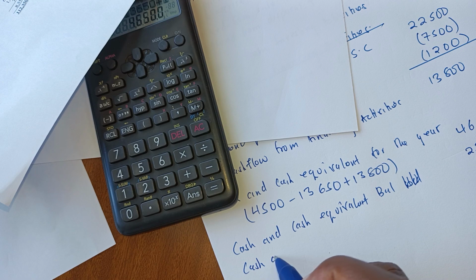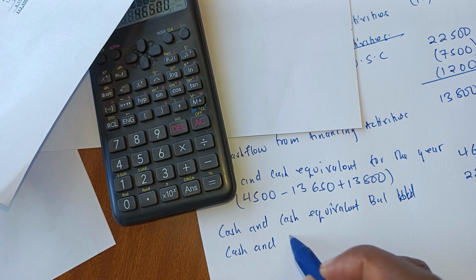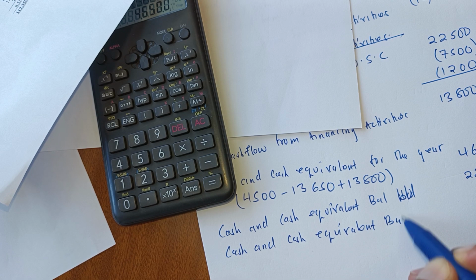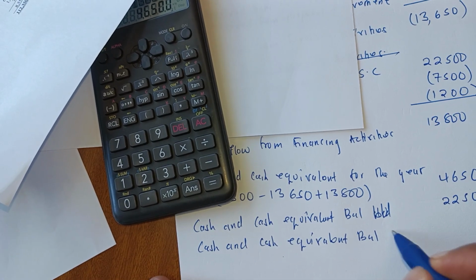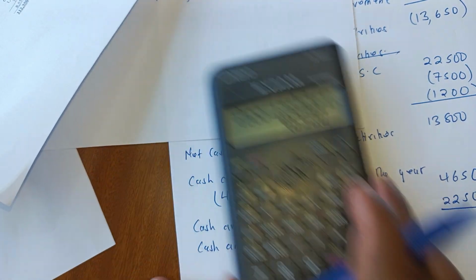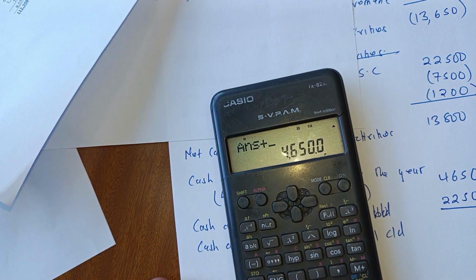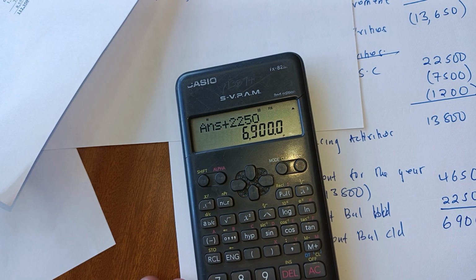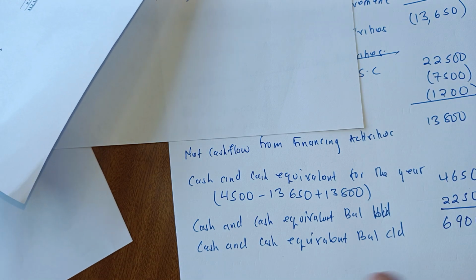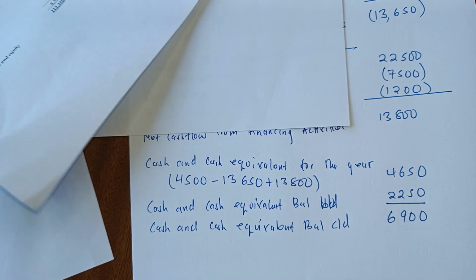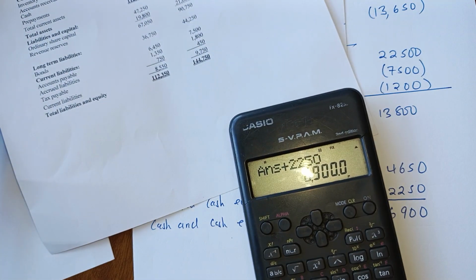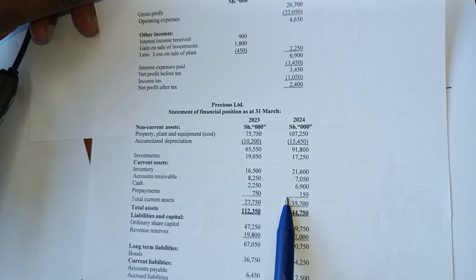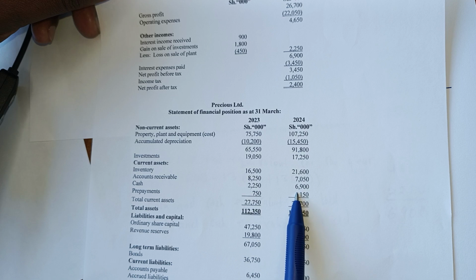If you add it, it should give us cash and cash equivalent balance carried down. So let's add the two. We add 4,650 to the balance brought down, which is 2,250, and we get 6,900, which is our debit balance, the cash and cash equivalent, which you can see is 6,900.